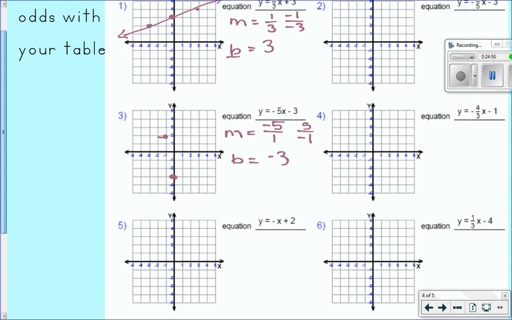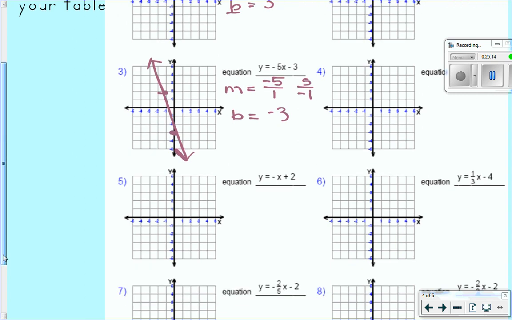Just by looking at our slope, our line should be going down. We don't have enough room to do 3 points, so for this one there will be an exception. Those should be the only 2 points that you graph. A good check is: my slope is negative, so my line is going down, and my y-intercept is graphed at -3. Questions? Clarifying anything on number 3?